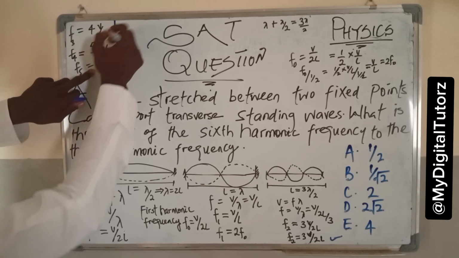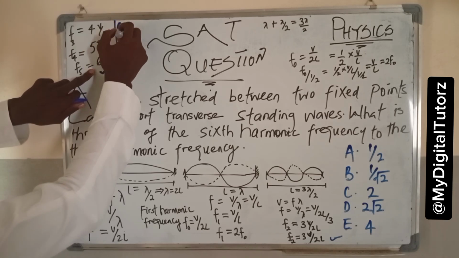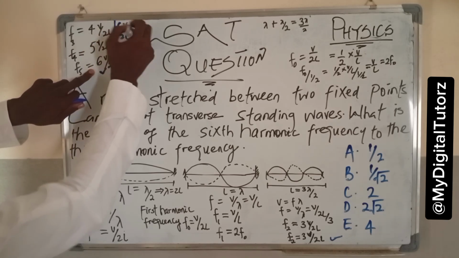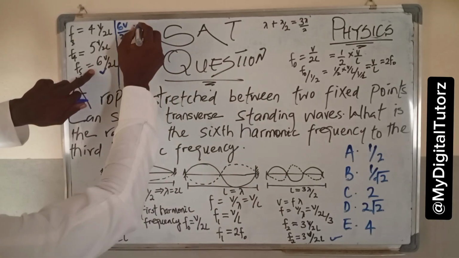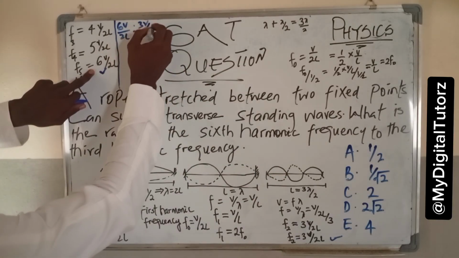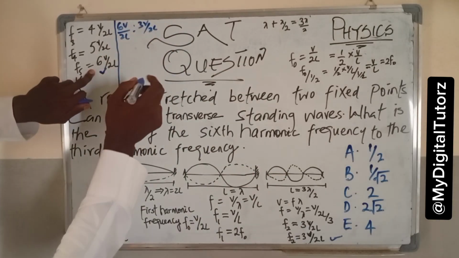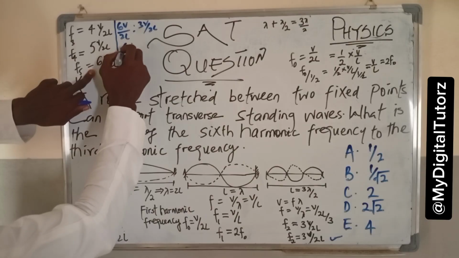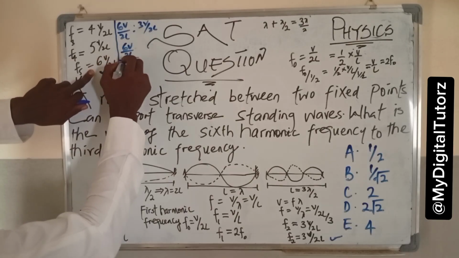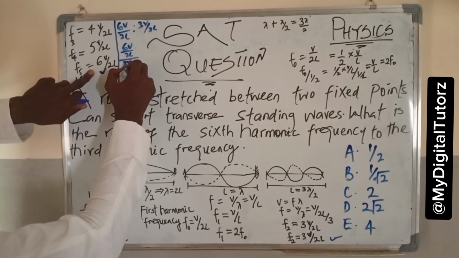Ratio of the sixth harmonic, which is 6V over 2L, to the third harmonic, which is 3V over 2L. So ratio is a form of fraction. I'm going to have 6V over 2L all divided by 3V over 2L.